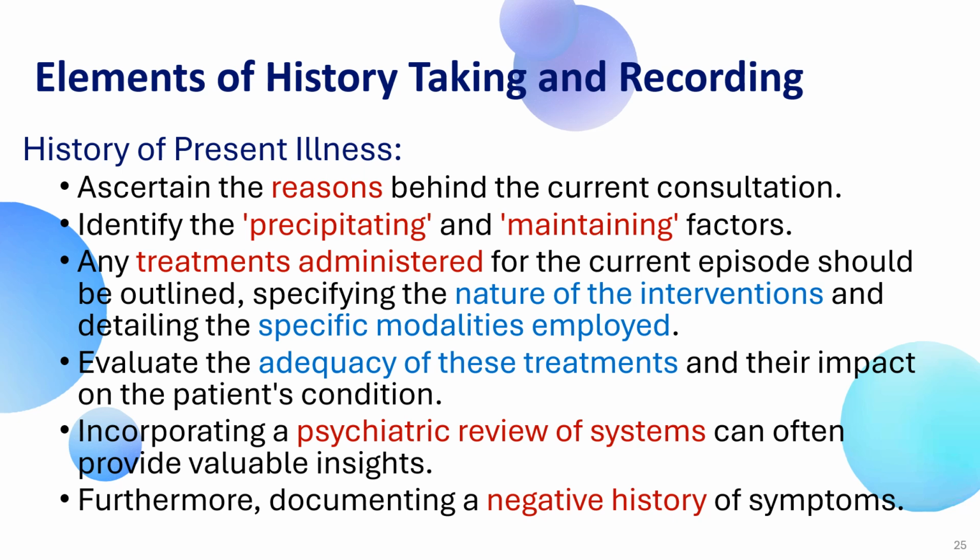The third one is neurological disorder, if the person is having any sort of seizure disorder or head injury in the current episode. Furthermore, document the history of medical illnesses in the current episode, like diabetes, thyroid dysfunctions, tuberculosis, preceding history of fever, and so on.